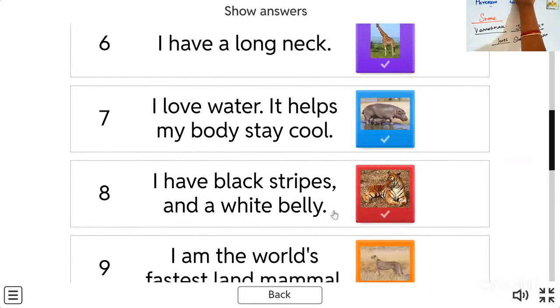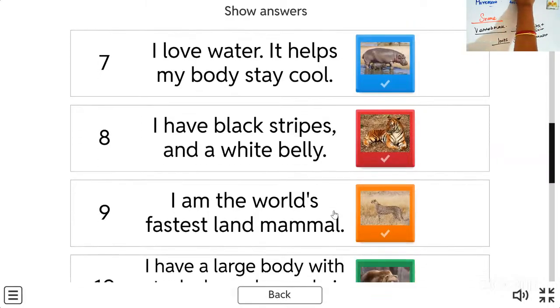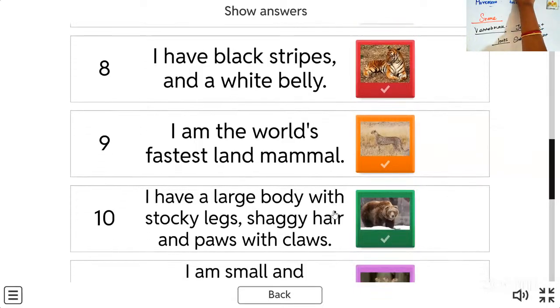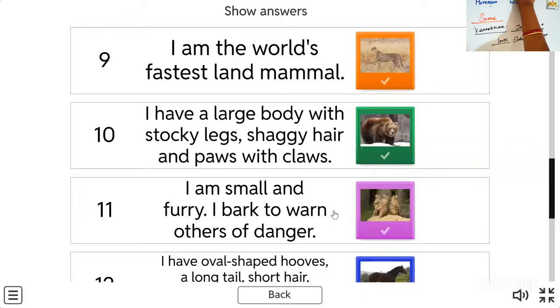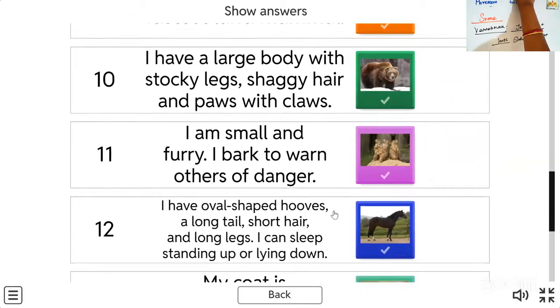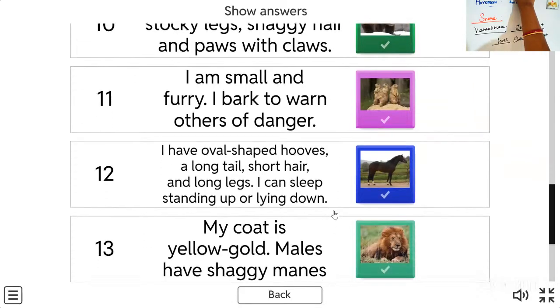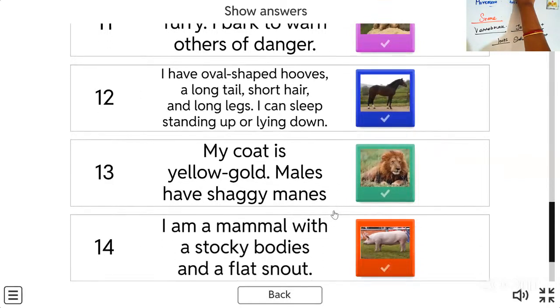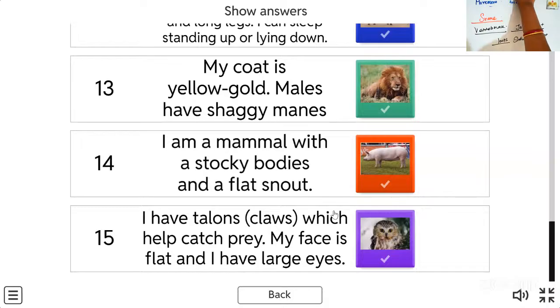I have black stripes and a white belly. Tiger. I am the world's fastest land mammal. Cheetah. Large body with stocky legs. I am small and furry and warn others of danger. Oval-shaped hooves, long tail, short hair. That is the horse. Coat is yellow-gold. Males have a shaggy mane, means lion. I am a mammal with a stocky body. I have claws to catch prey, my face is flat and I have large eyes.